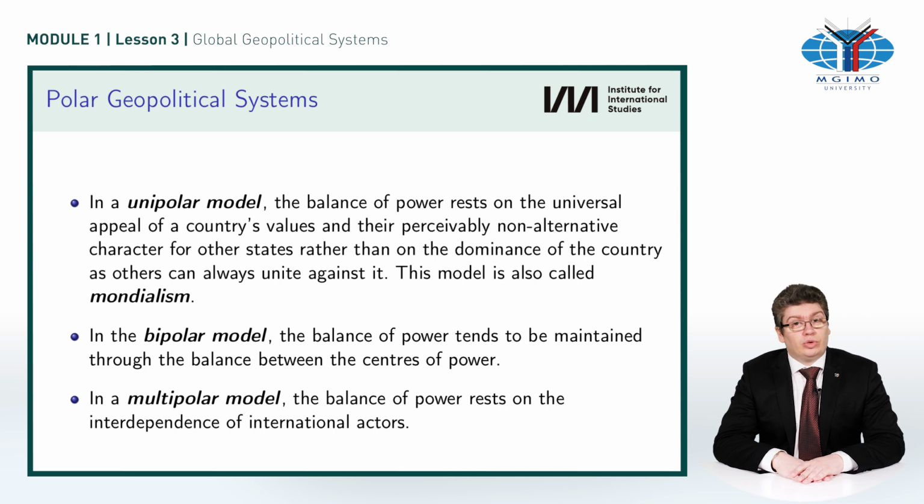In the multipolar model, the balance of power rests on the interdependence of international actors. It cannot have fixed coalitions, as countries guard national interests while interacting, and can enter a military bloc led by one pole while actively building up trade with another country.